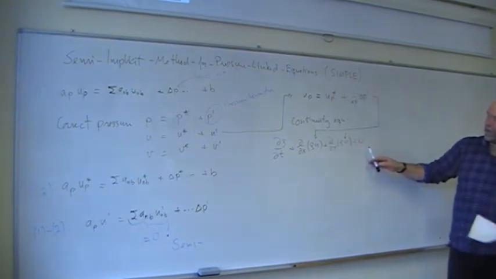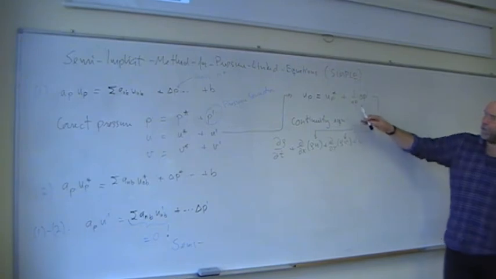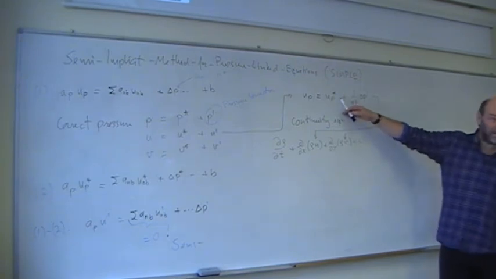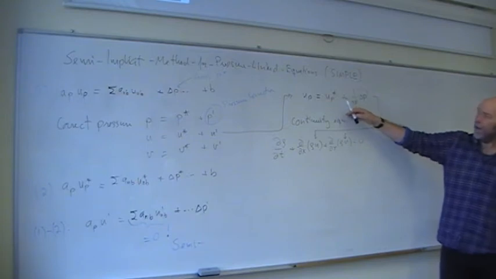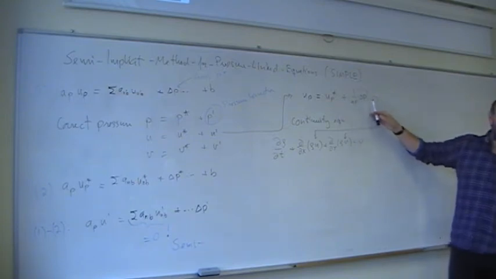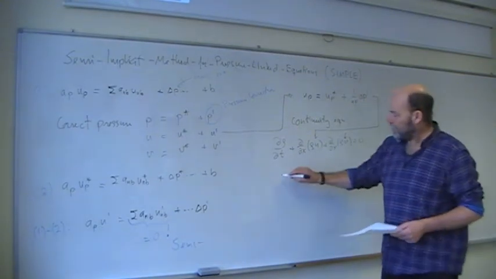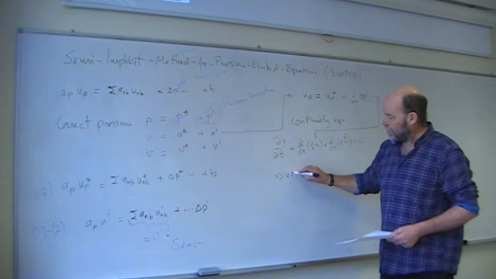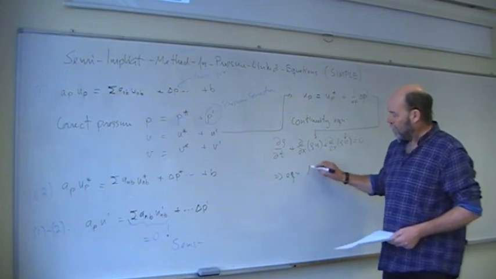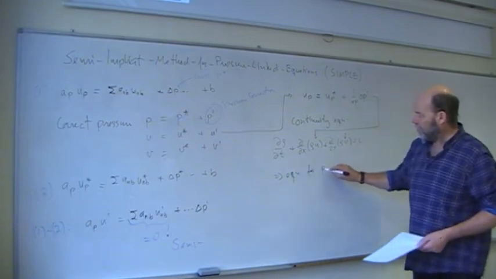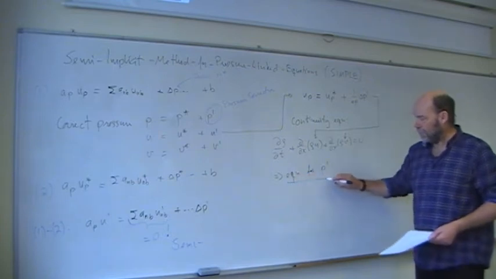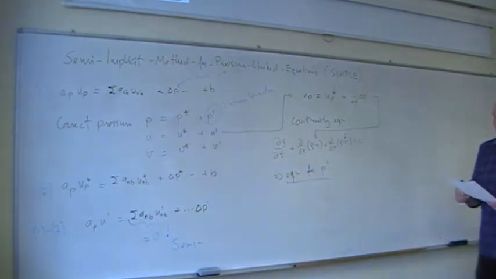Well, this will now be an equation involving these tentative velocities, which were easily found, no problem there, and the pressure correction only. So this one will give us an equation for the correction, which is the one we are seeking.